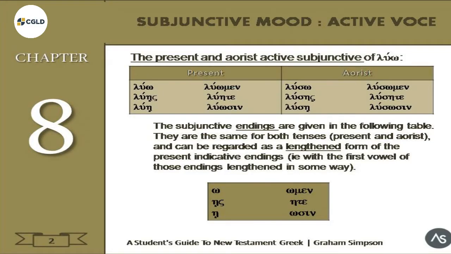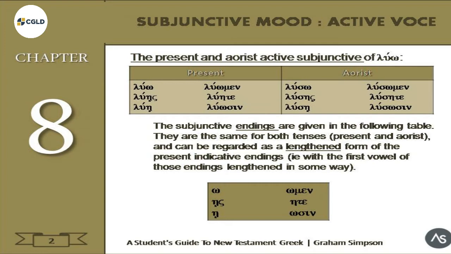If you look at the present and the aorist active subjunctive of the verb luo in this table, the present subjunctive looks like: luo, luomen with an omega, lues, luete, lue, luosin.